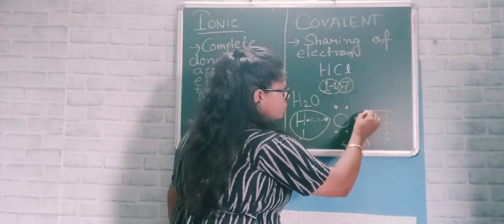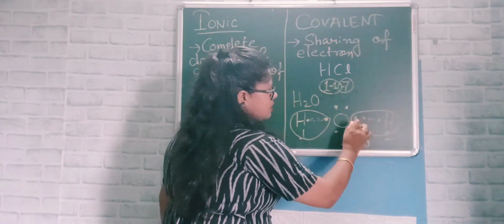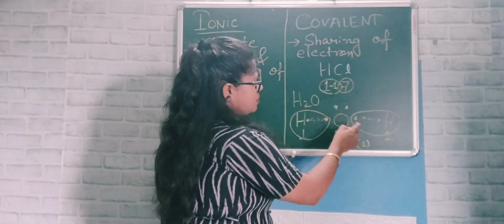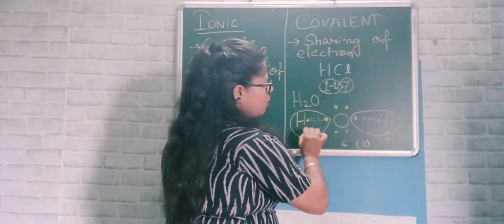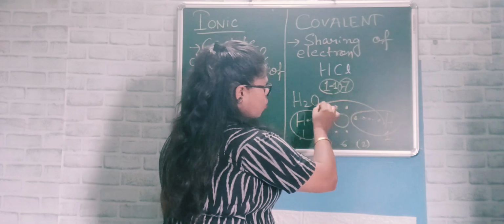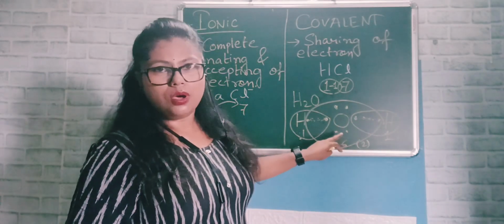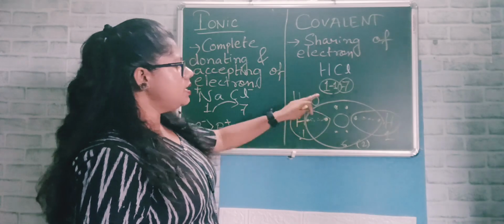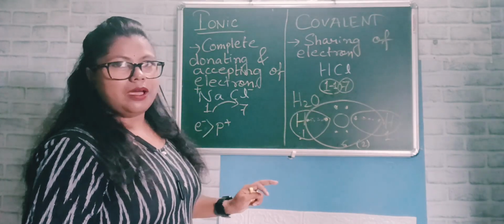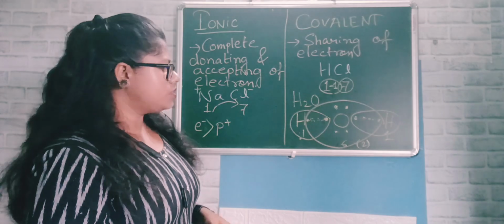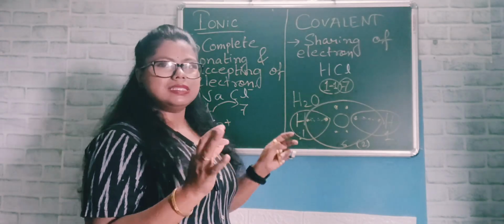Similarly, this hydrogen is also using this electron of oxygen to become stable, whereas oxygen is using each hydrogen's 1 electron, turning into 8, and it is also becoming stable. So there is no actual donation but a sharing. A sharing of electron is giving them stability.